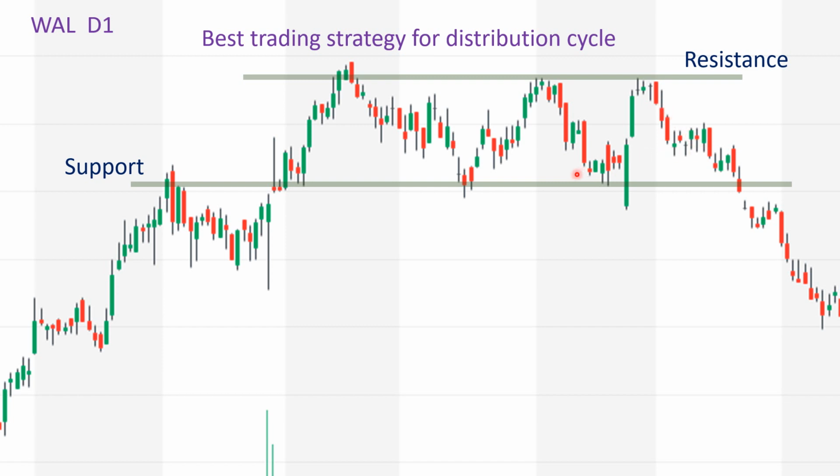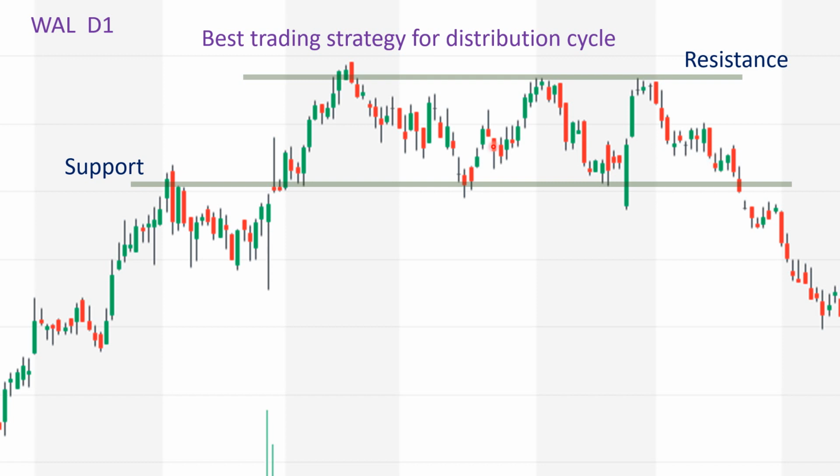The price is contained within the range, which is support and resistance. That's the resistance and that's support. So this consolidates within the range, where the supply and demand are basically in equilibrium, or bulls and bears are in equilibrium.